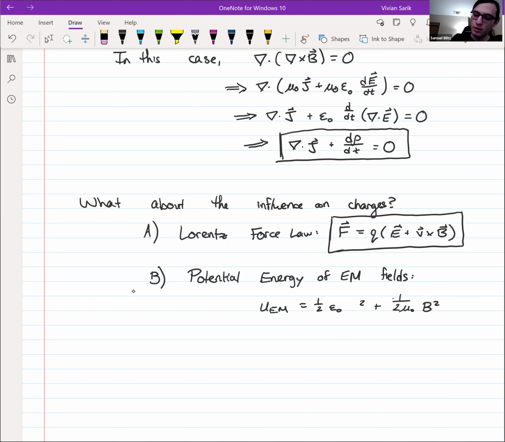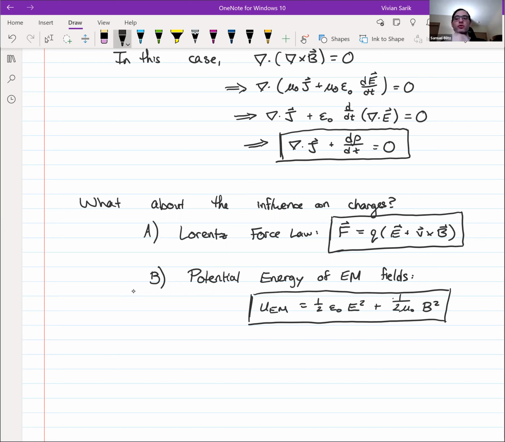So you can specify either of these, either the potential energy density or the force, and they will give equivalent information about how the charges move in the system. The Lorentz Force Law is a little bit more obvious how it tells us how the charges move, because if you give a force, you can just use Newton's law to figure out how the charges move.